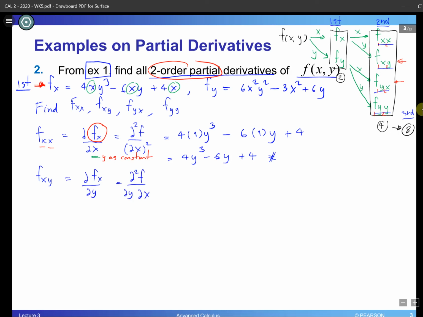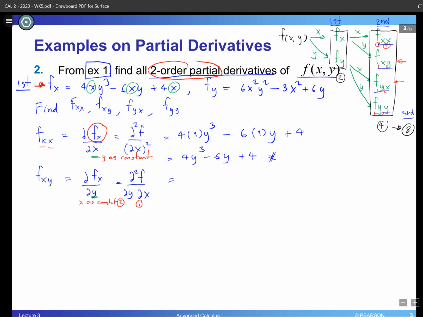The order of this, we perform x first and then y later. As you can see here, the order is a little bit different from what we have above. So pay attention to the meaning of this. Back to here, we are going to diff with respect to y, which means that we are going to treat x as constant.